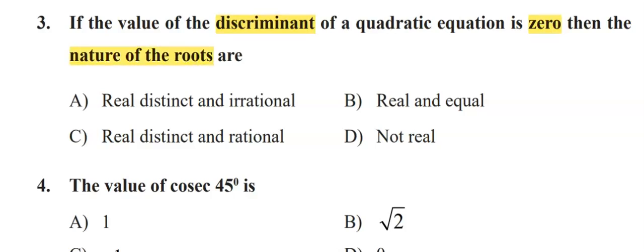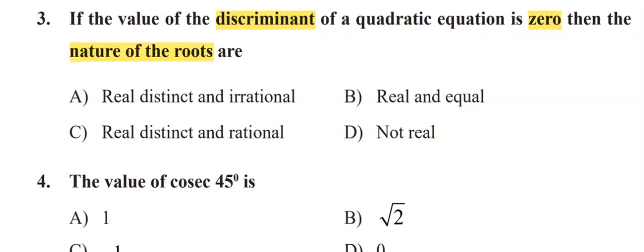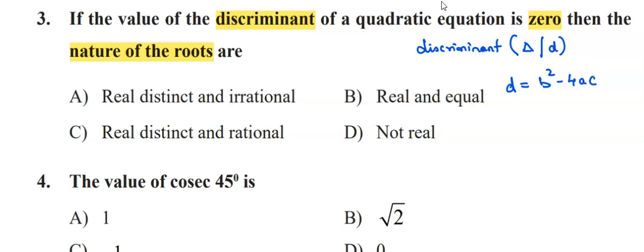This is the question. Now, as we know that the discriminant is denoted by the symbol delta or sometimes D. Okay, so the formula to find the discriminant of the quadratic equation is D equals b square minus 4ac.